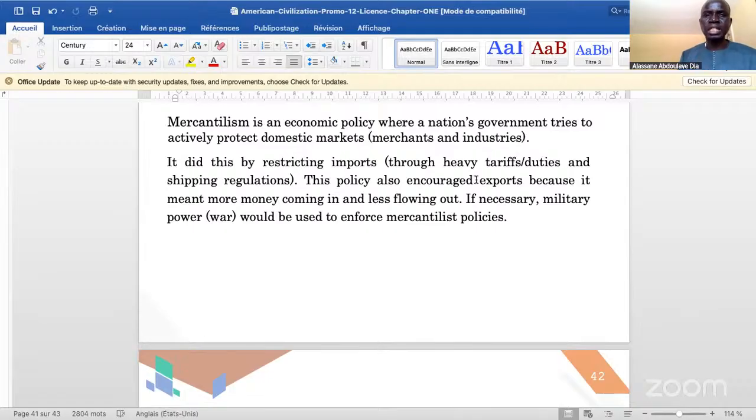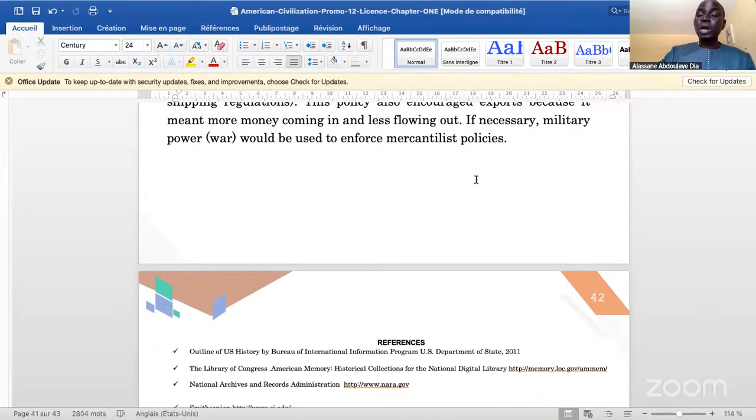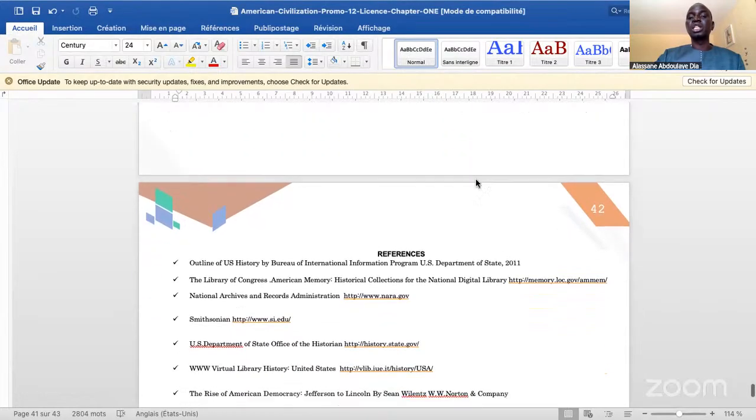So the strategy is to encourage exportation and to limit importation. I take all my goods, I send it to you, you buy, but I don't take your goods. And I fix tariffs on imports. This is a strategy. And if that does not work, they can use military power or they can engage in war. It would be used to enforce mercantilist policies.